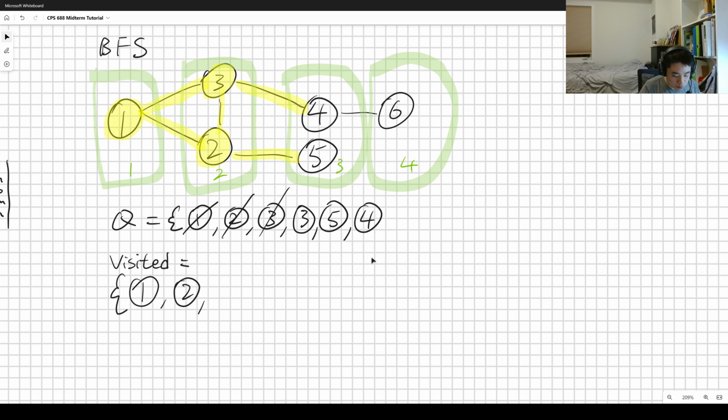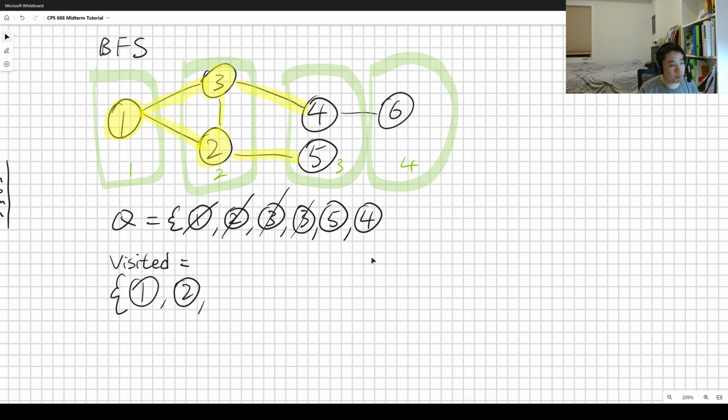And I'm gonna go through my next node in the queue, and that's also 3, because 3 was unexplored until just now, but it's added twice.